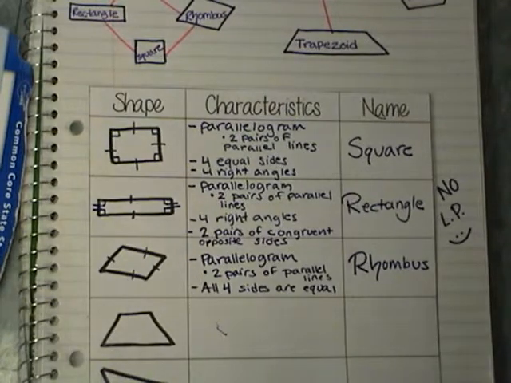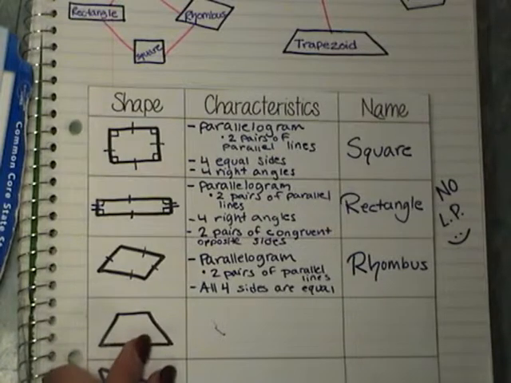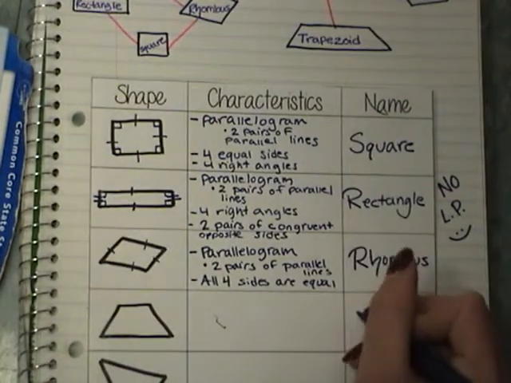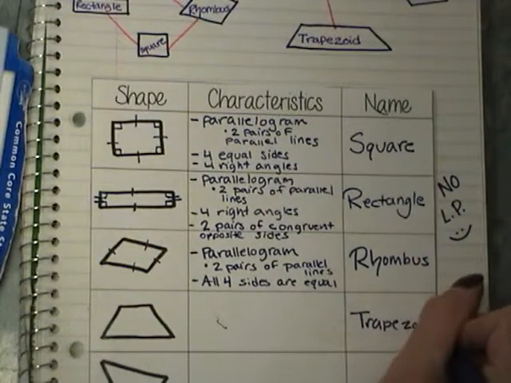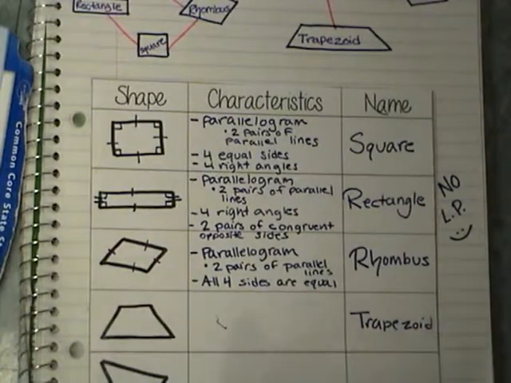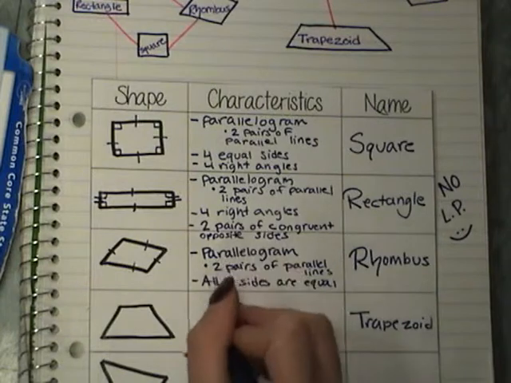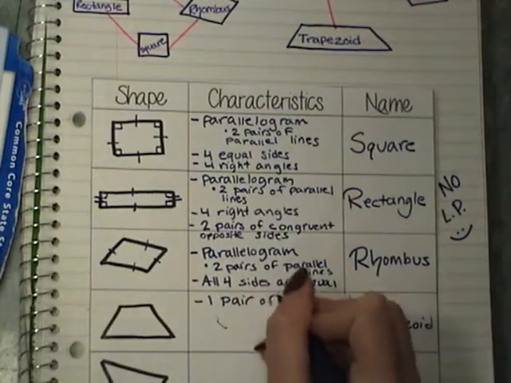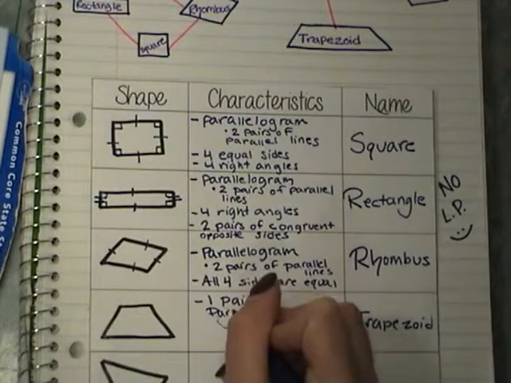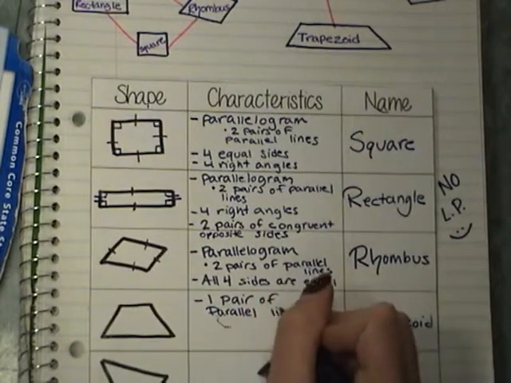Alright, our next one we're going to talk about is our trapezoid. And with our trapezoid, oh, sorry, I got to write it down, trapezoid. This has one pair of parallel lines.